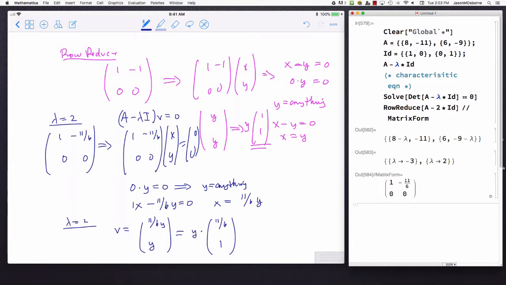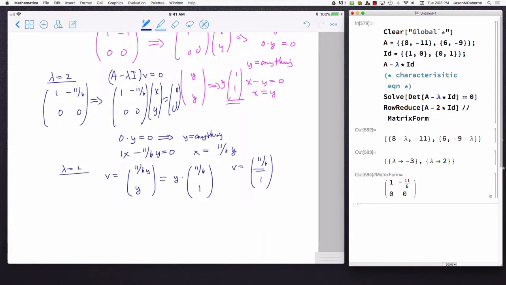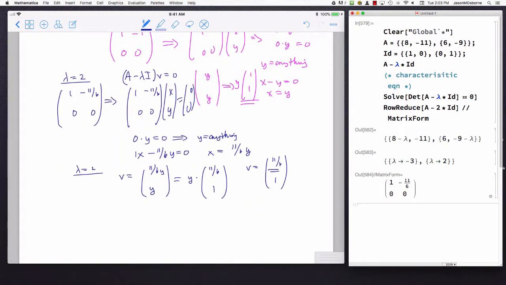Now this is rather an inconvenient eigenvector because of the fraction here, but remember any multiple of an eigenvector is also an eigenvector. Any constant k times an eigenvector is an eigenvector. So this means that I can, for example, multiply by 6, and 6 times my eigenvector will also be an eigenvector, giving you 11, 6.